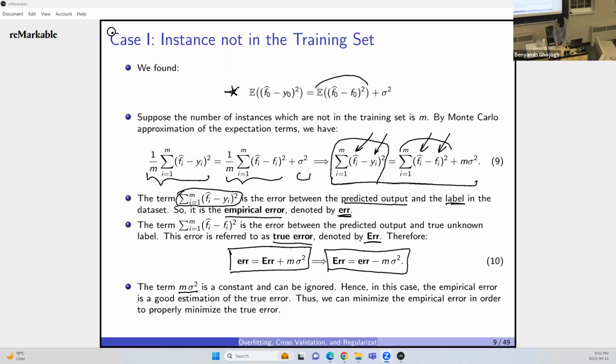It can be ignored. Let's drop it. Therefore, what does this mean? The empirical error in this case is a good estimation of the true error when the data is not in the training set.